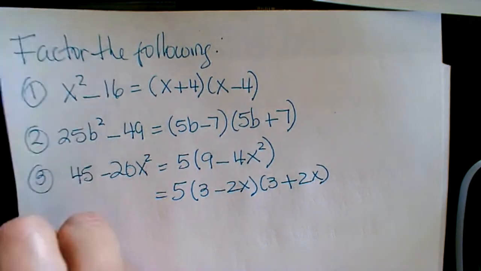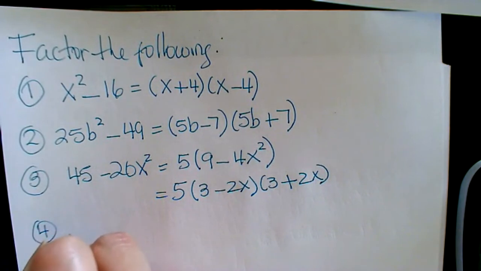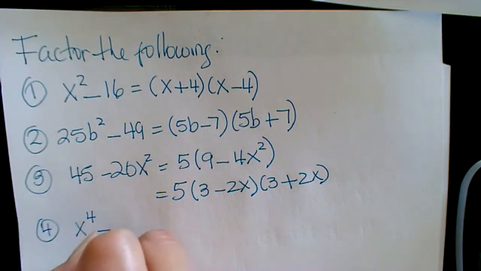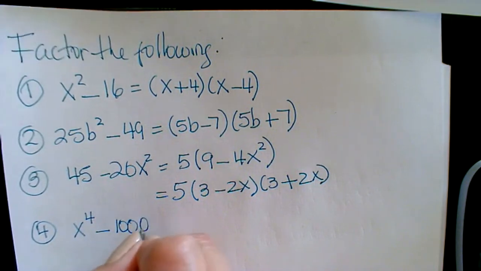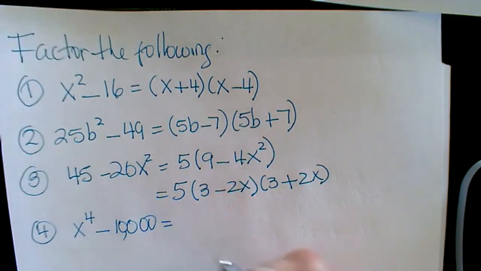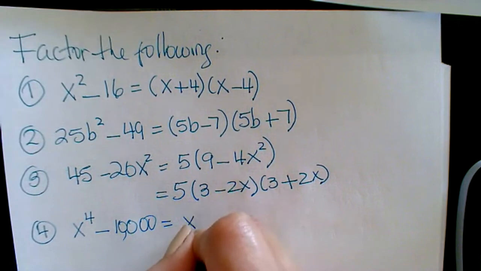Let's do this one. We have x to the 4th power minus 10,000. Okay, so this is equal to what? x squared to the second power, and this is 100 to the second power, right?